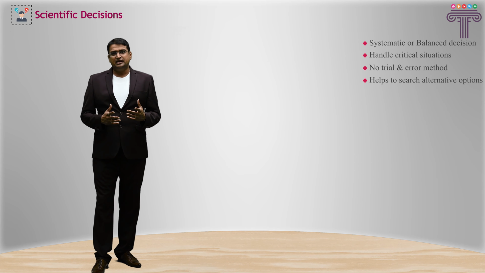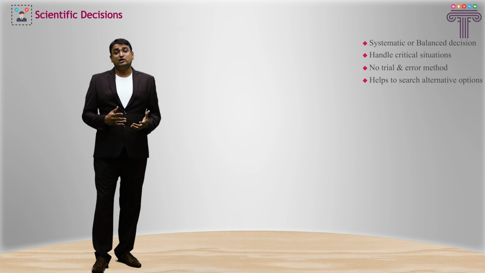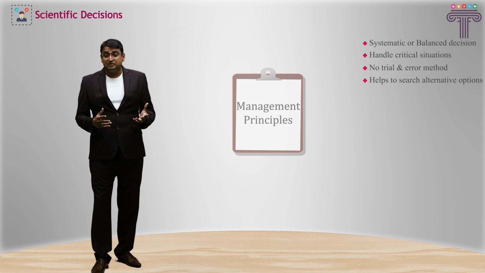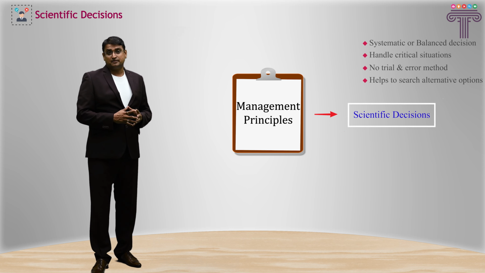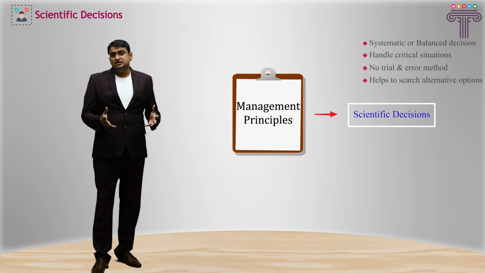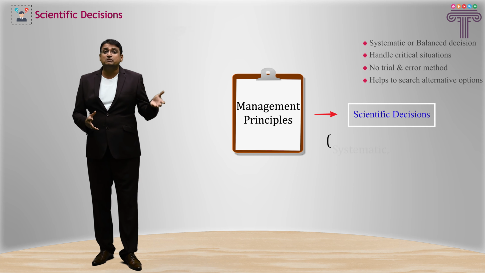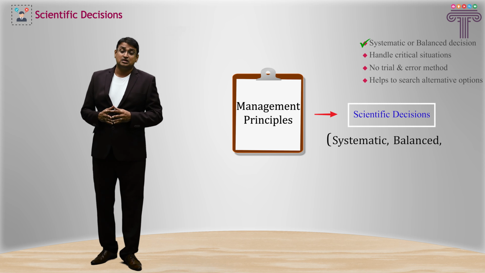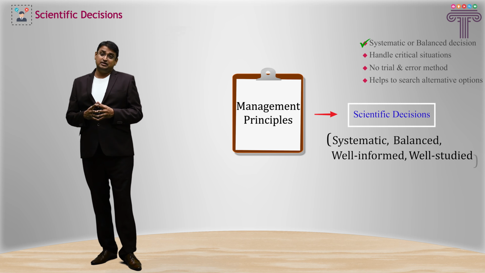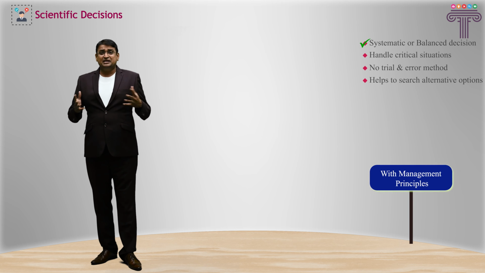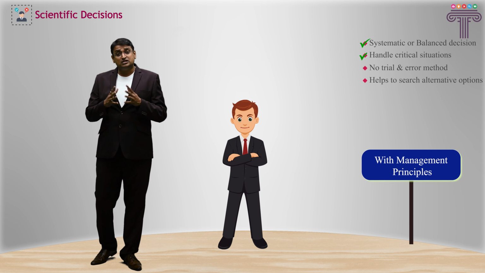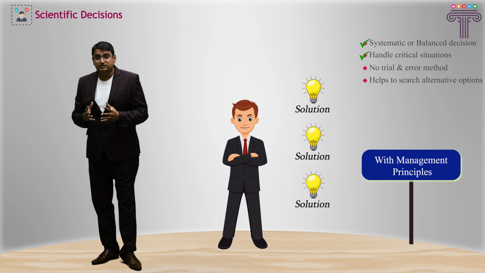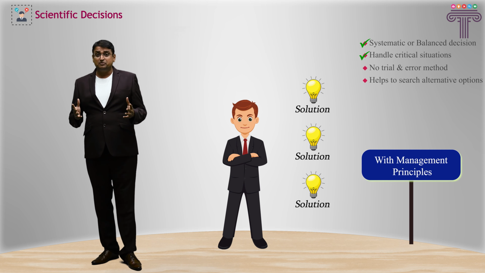So, in a nutshell, one of the key importances of management principles is that these principles help us take scientific decisions. What are scientific decisions? Well, scientific decisions are systematic or balanced decisions. They are well informed, well studied decisions. Managers take a lot of advantage handling critical situations and take a lot of decisions based on management principles.